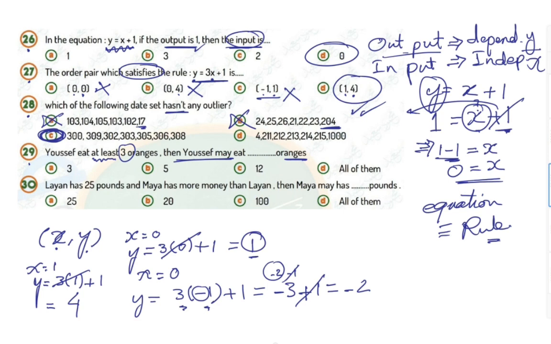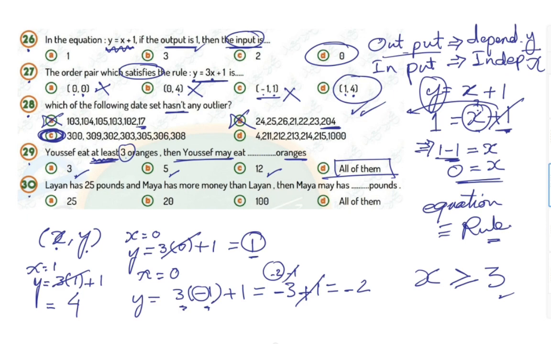If we say that what Yusuf eats is x, and we have at least, that means greater than or equals 3. So I can start with 3 or greater than 3. When you see at least, use greater than or equals. Look here, 3 is okay. 5 is okay. 12 is okay. So all of these numbers of oranges are correct.